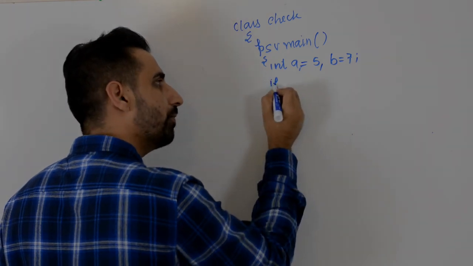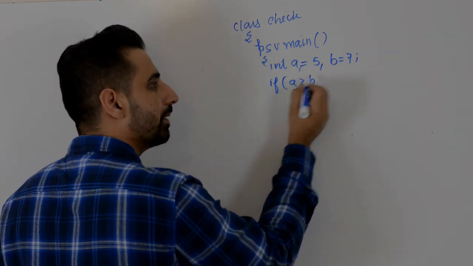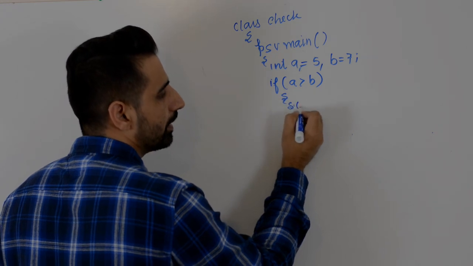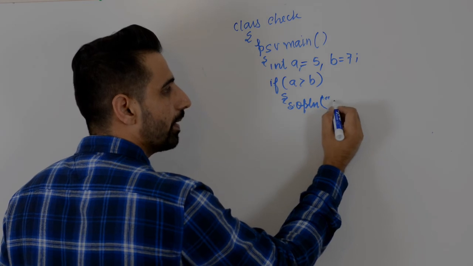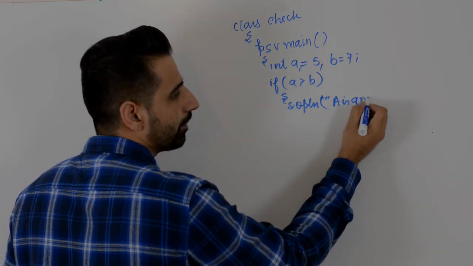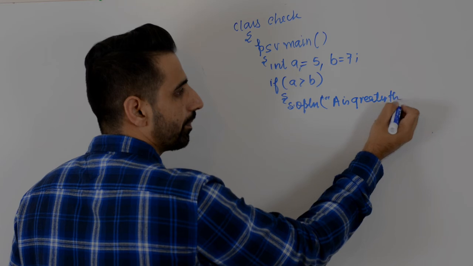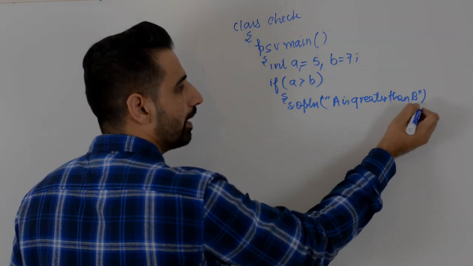And if I write down if A is greater than B, what will be the answer? System.out.println, what we have to print? A is greater than B.